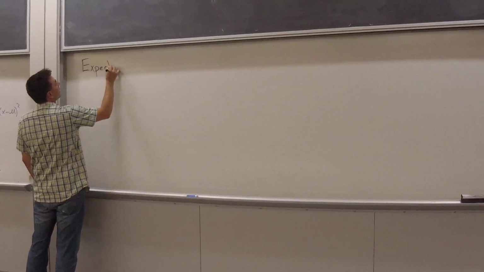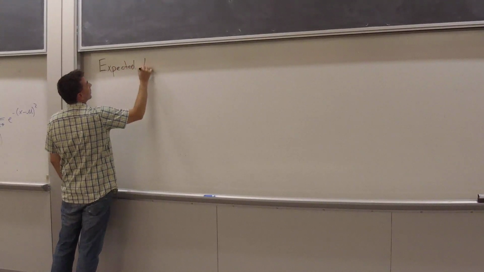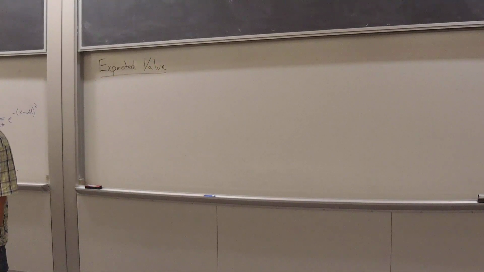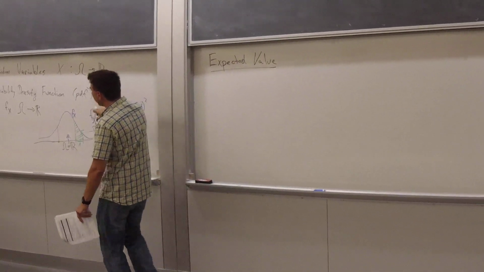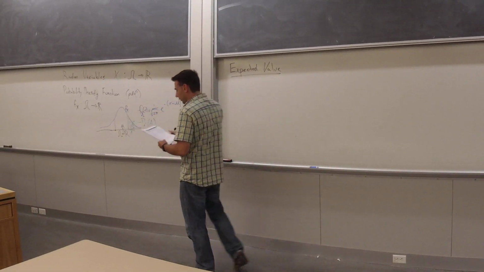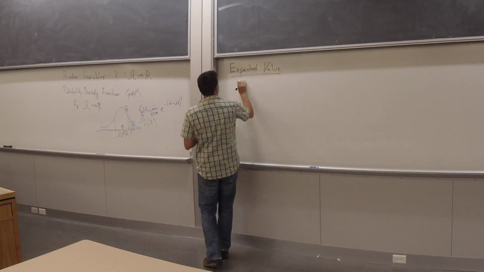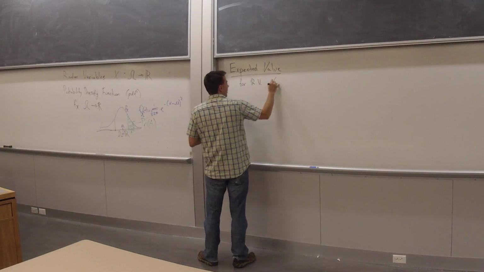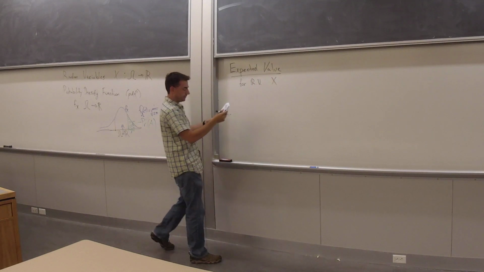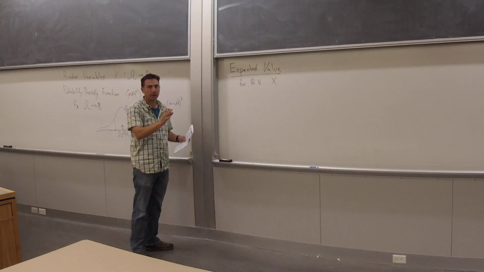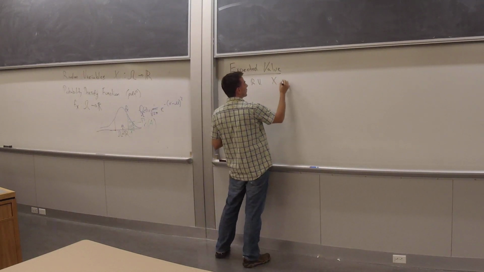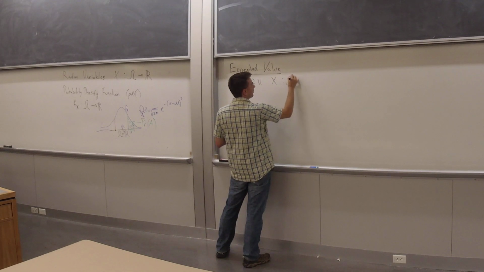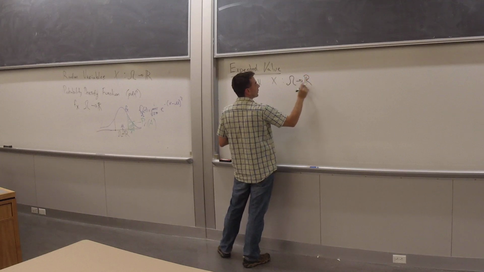Okay, the next concept is the expected value. This is a really important summary of random variables and probability density functions. This is defined for, say, a random variable x, which is going to be a function from some domain onto the reals.